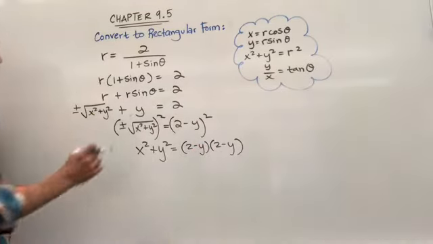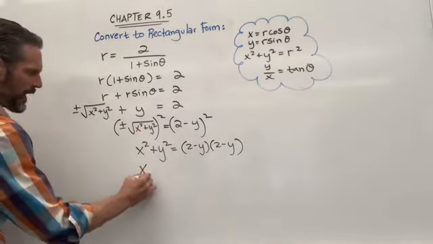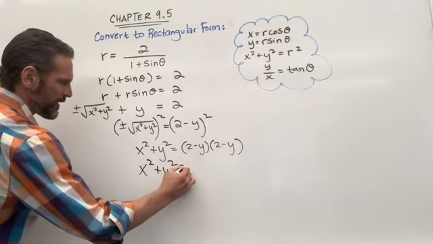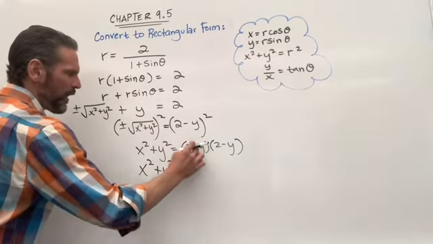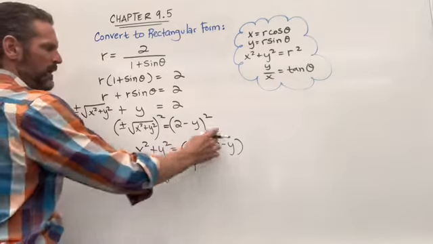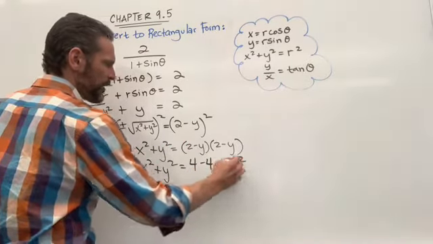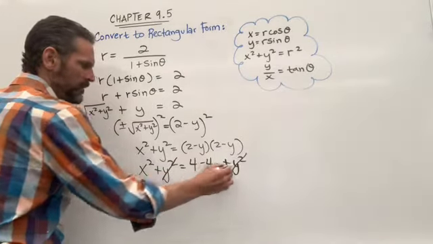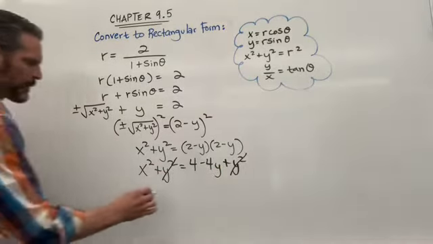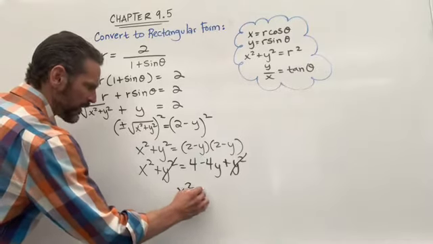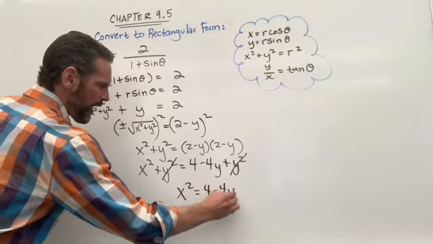Please don't write that as 2 squared minus y squared. So x squared plus y squared equals first 4, outer negative 2y, inner negative 2y is negative 4y, and lastly I get plus y squared. Notice the y squareds have been good little y's, they go off to number heaven, and we're left with x squared equals 4 minus 4y.